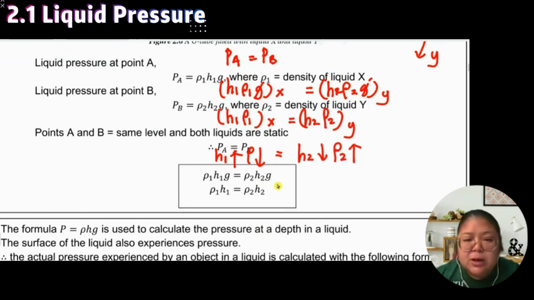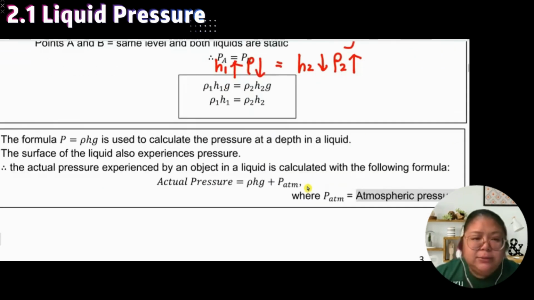So that means when you find the H1 is longer, sure the density is smaller. Okay, another side H2 is shorter, means the density should be higher. Okay, 它们是 inversely proportional. So that's why they become constant value both sides. Okay, so this one is how we want to find out either density, or you want to find the height by using this one formula. So the G we ignore.